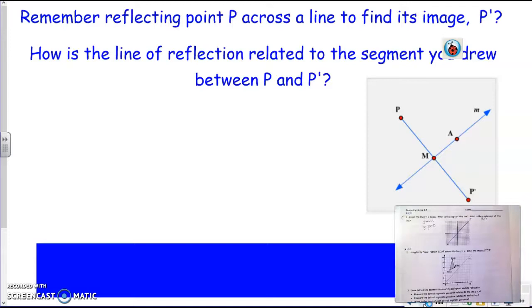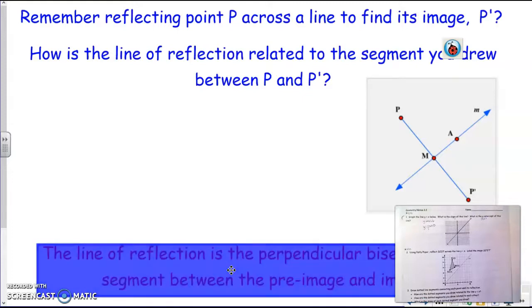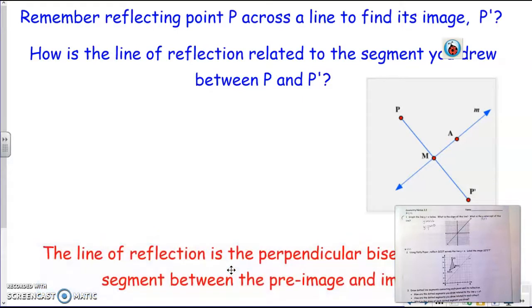We also know that these two angles, AMP and AMP prime, are congruent to each other, and they make a line together, so we knew they both were right angles. So we concluded that line M was the perpendicular bisector of the segment between our original point, which is called the pre-image, and our reflection point, which is called its image.